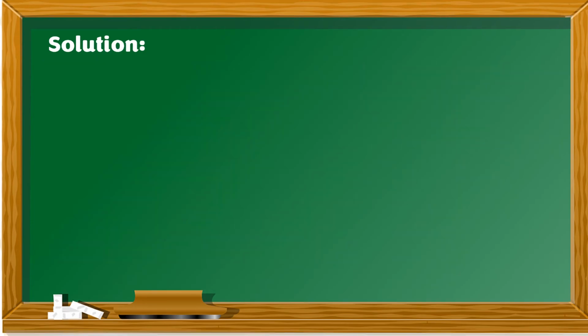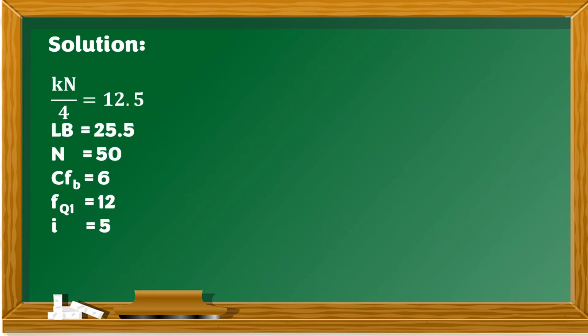Next, we're going to solve for Q sub k. The given values: kn over 4 is 12.5, that is the lower quartile class. LB is 25.5, that is the lower boundary. N, the total of the frequency, is 50.